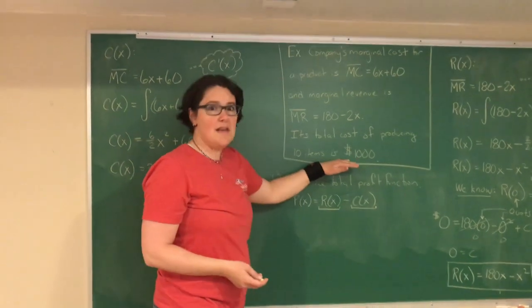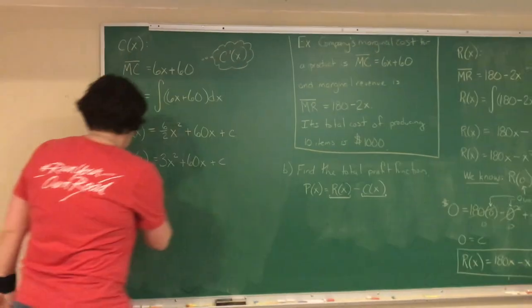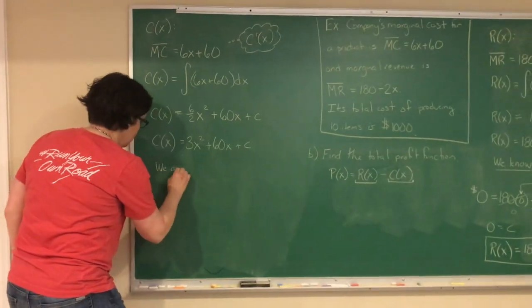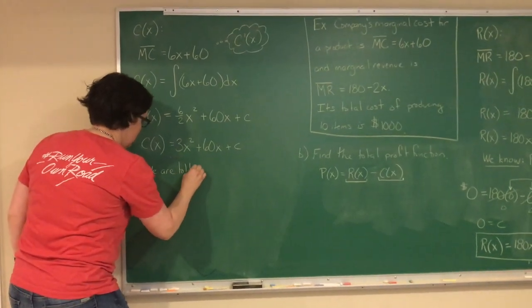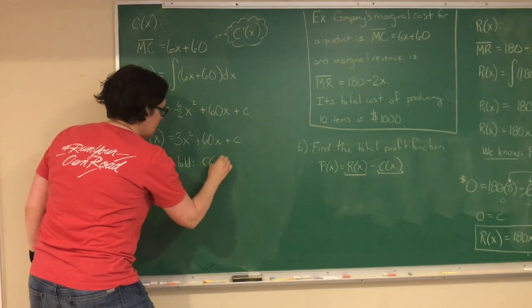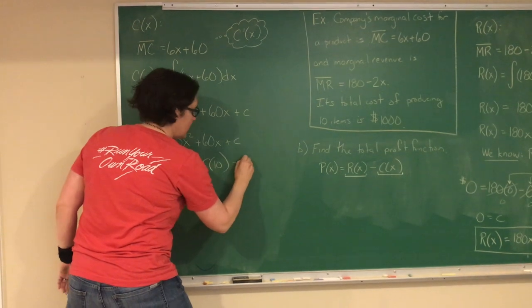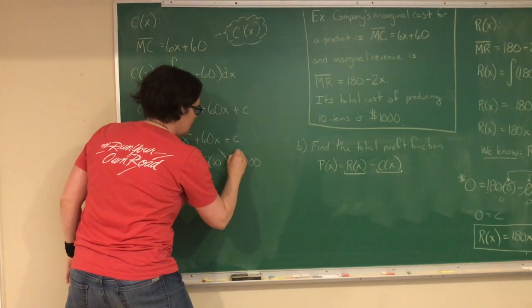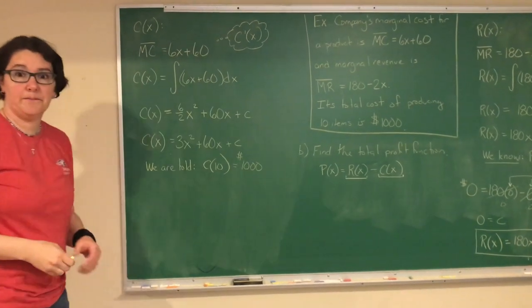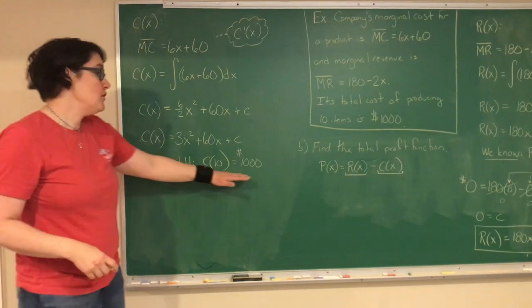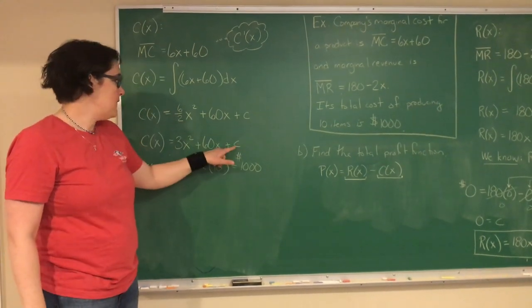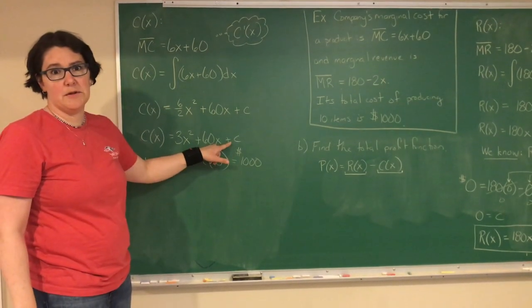So what this says is that we are told that the cost of producing 10 items, so C of 10, is equal to $1,000. Okay. So I can use this piece of information to figure out what that plus C is going to be equal to.